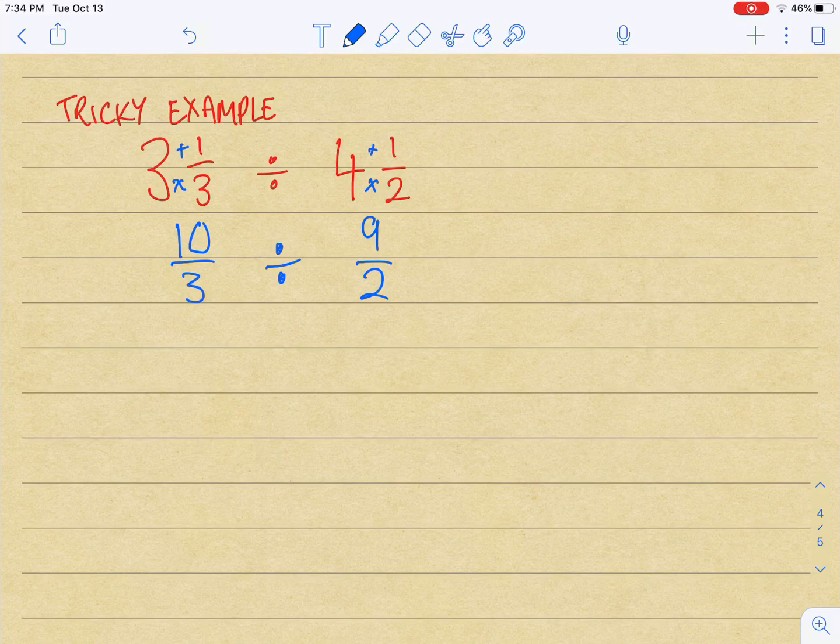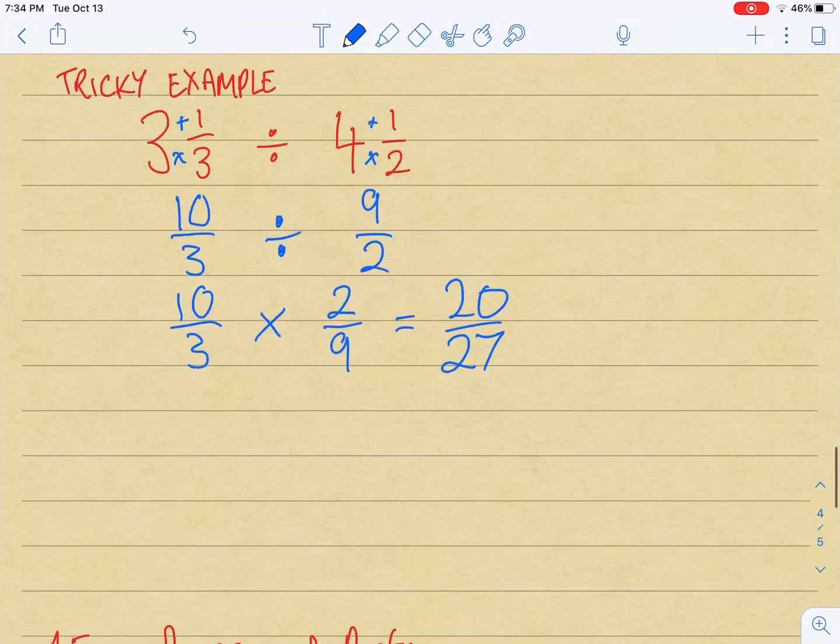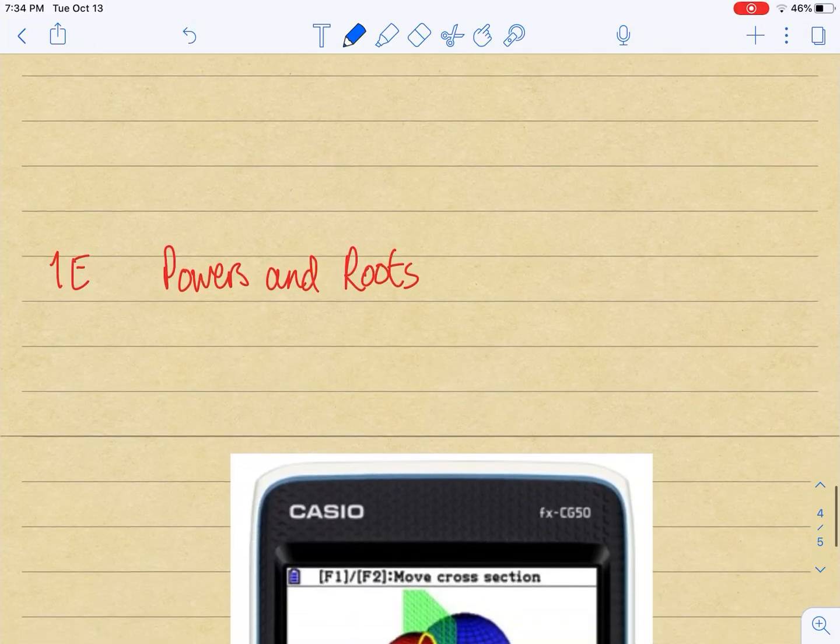Next step is I need to deal with the divide. So I'm going to keep the 10/3 the same, but change it to multiply by the reciprocal. Then I can say 10 times 2 is 20, and 3 times 9 is 27. And there we go. I'll simplify that, so that's my fractions sorted. That's a quick run through of all of that.